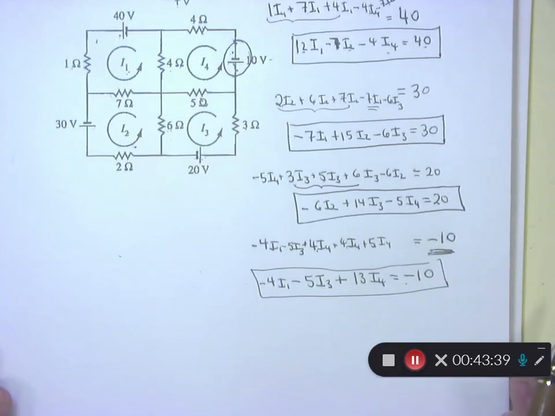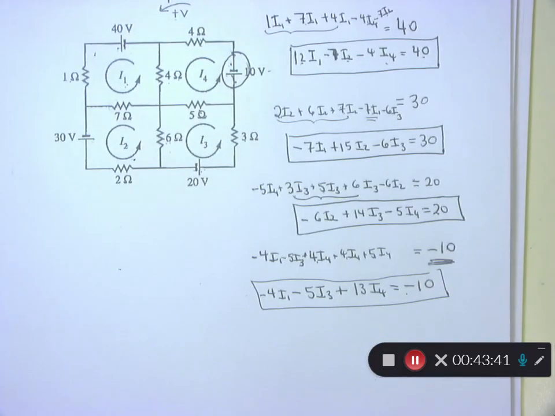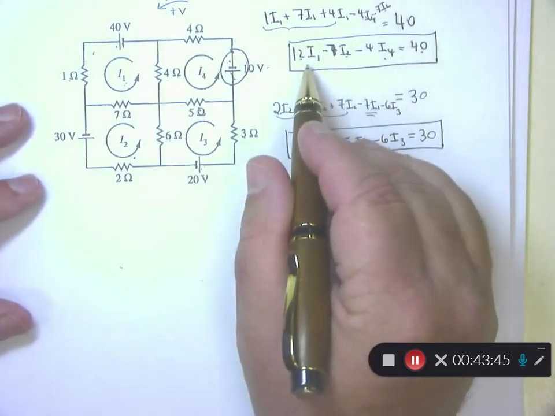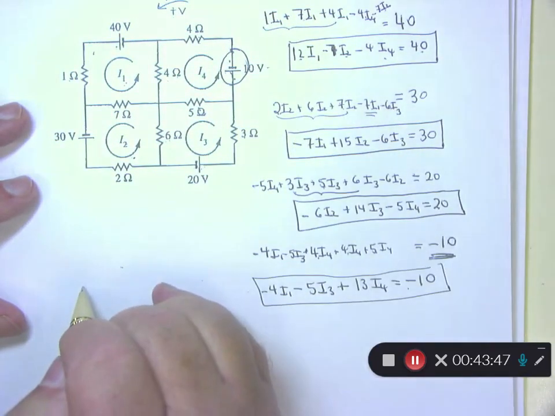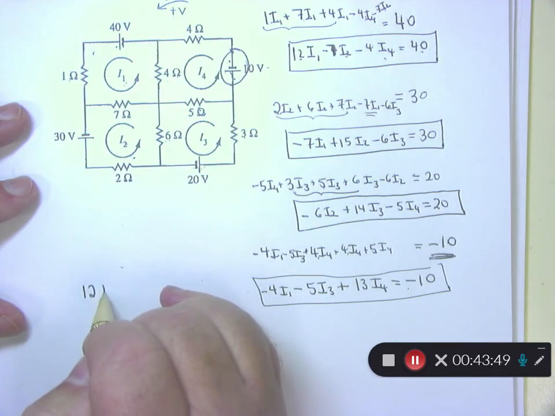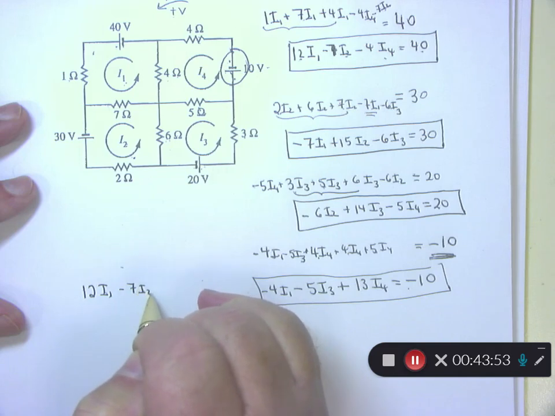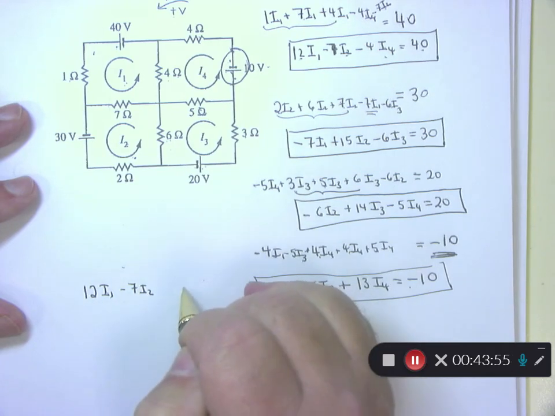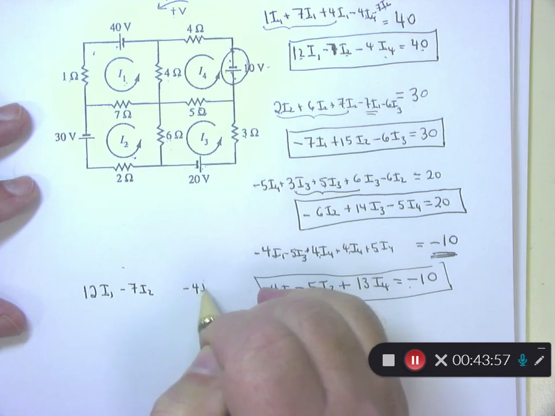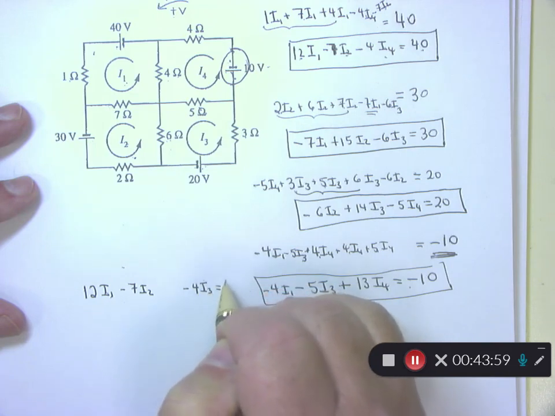All right, so now let's write this as a system of equations. From that first equation, we have 12 I1 minus 7 I2, leave a little space there, minus 4 I3 equals 40.